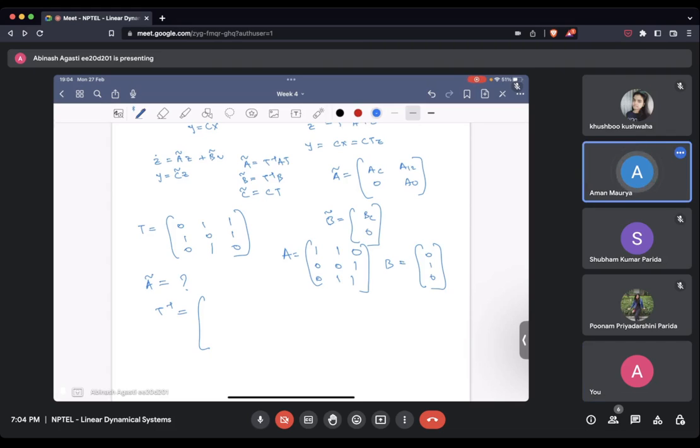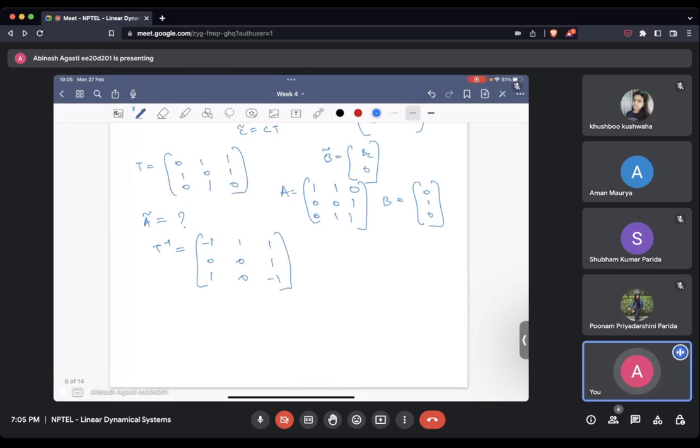Sir, T inverse. So -1, -1, -1, 0, bottom 1, 1, 0, 0, 1, 1, -1. Correct. So this is the T inverse matrix. Now what is A tilde?